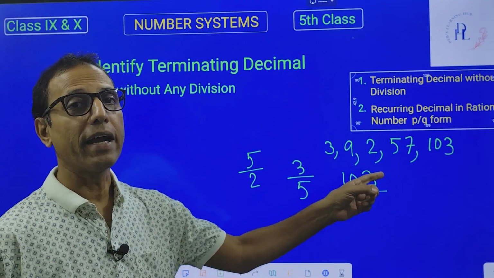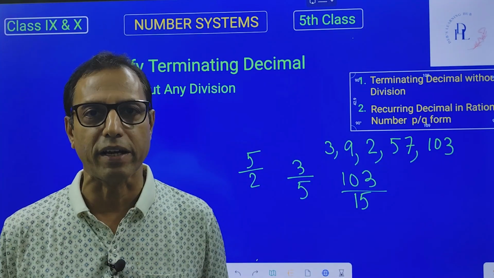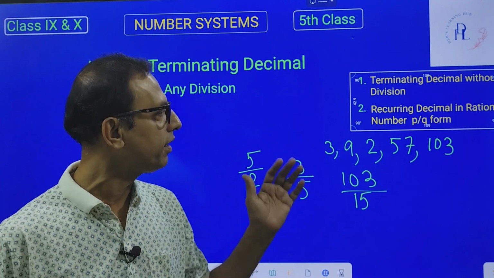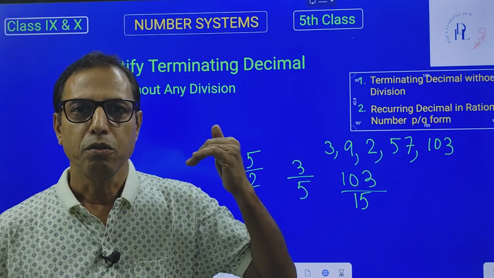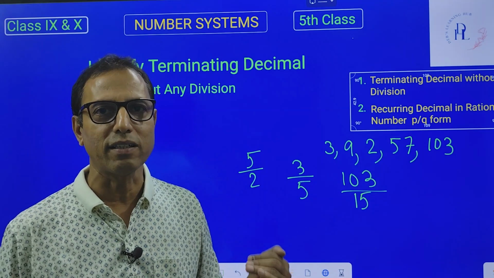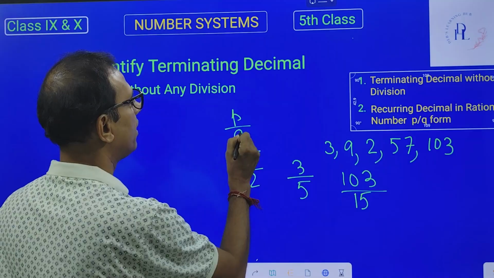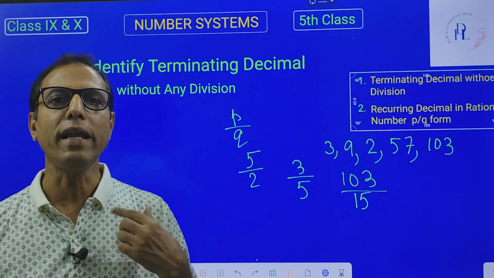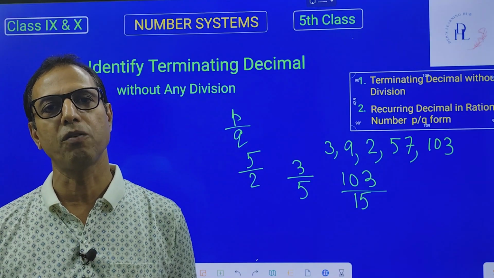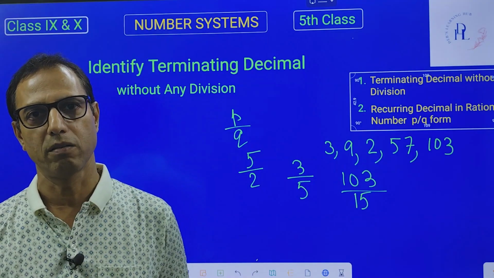So the logic is, considering terminating decimals, if 2 and 5 are the only factors in the denominator in p by q form, that means if you can factorize q only in terms of 2 and 5, then that p by q rational form can be considered a terminating decimal.